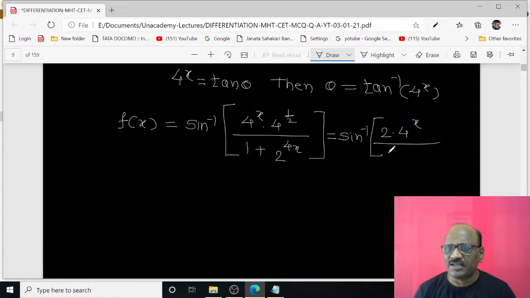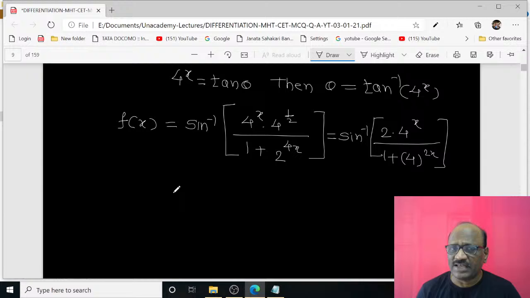Now this can be written as 1 plus 4 raised to 2x. This 2 here we take aside, 2 raised to 2 will become 4, that is 4 raised to 2x, and our substitution is 4 raised to x is equal to tan theta.